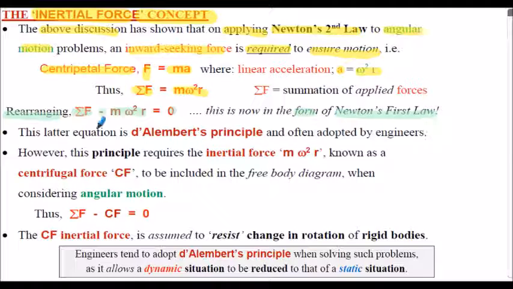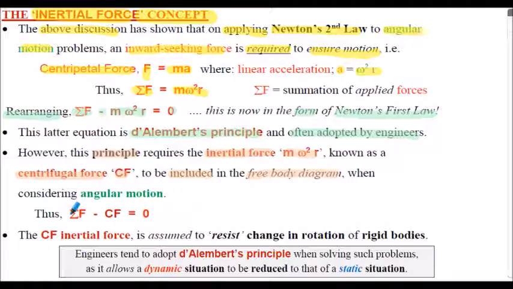So this latter approach, as we've outlined in the previous presentation, is an application of D'Alembert's principle, and often used by engineers in practice. However, to apply D'Alembert's principle, we're required to add the inertial force, the m omega squared r term. In circular motion problems, that's referred to as the centrifugal force, labelled CF here. That has to be included on a free body diagram.